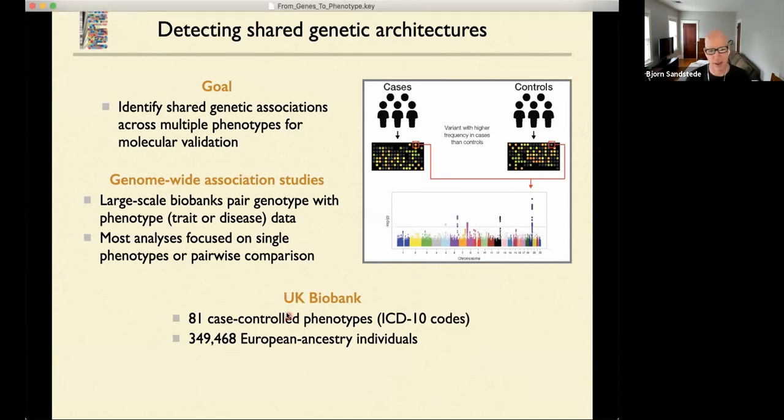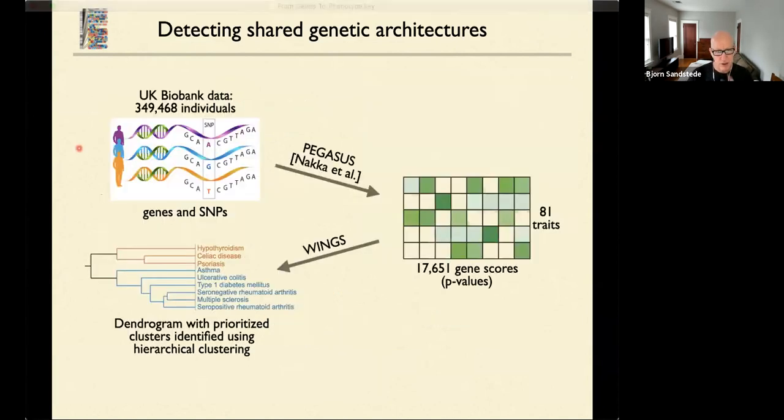We did this for the UK Biobank data. We focused on 81 case-controlled phenotypes, and we had roughly 350,000 European ancestry individuals in that data set that we used. So here's roughly the pipeline that we used. As we said, we have information about the genome of these 350,000 individuals.